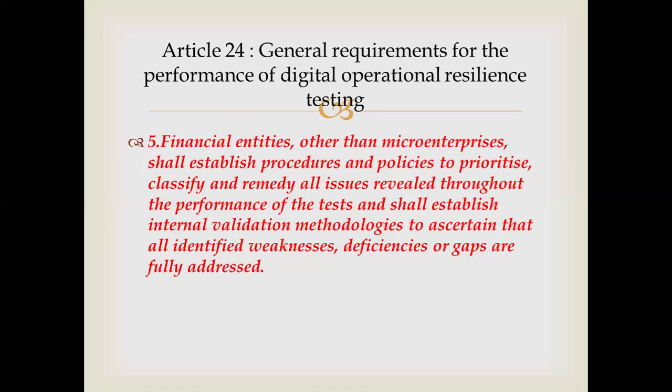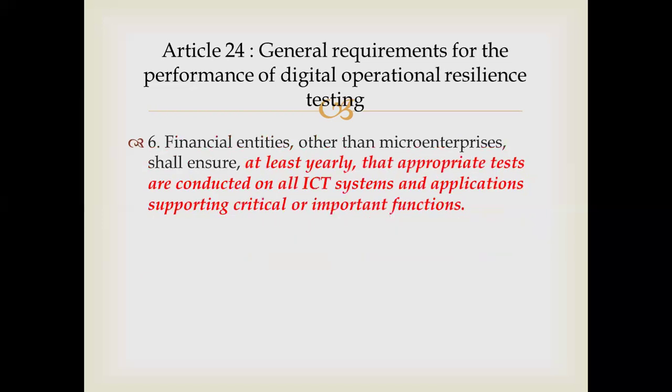So we should be able to isolate all the critical findings in the threat-led penetration test report. That is what Article 24, Paragraph 5 is saying. And beyond that, we should also be able to track what has been done to close those deficiencies. That is what we have here in Paragraph 5 of Article 24.